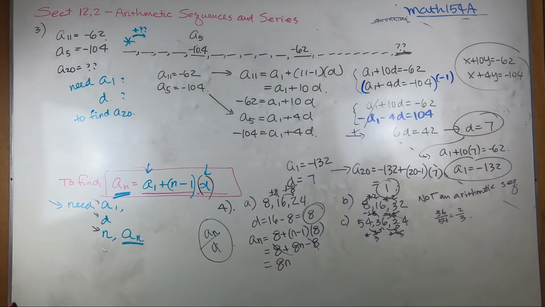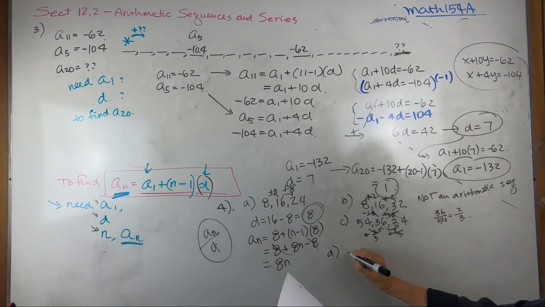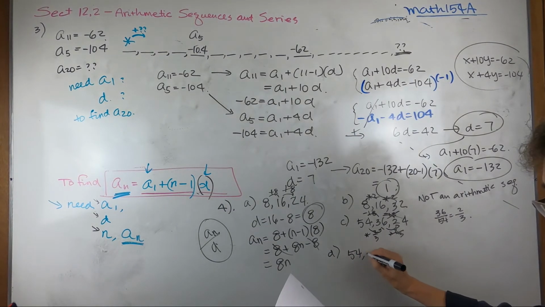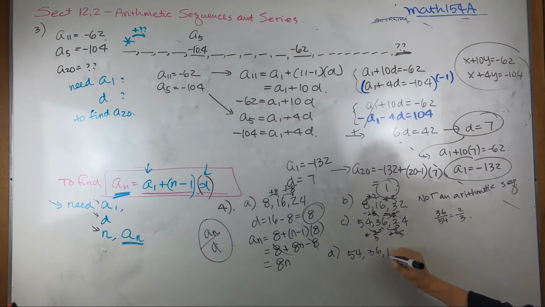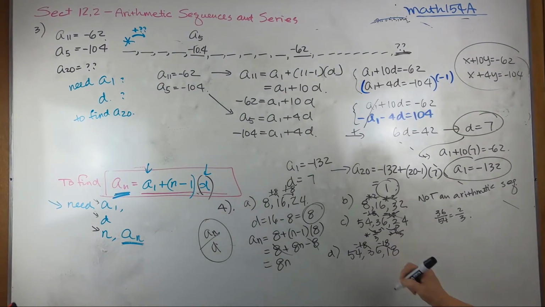It's not subtracting, so we do it next time. For this one, we just do adding things. For the next one, if we have 54, 36, 18, do we have an arithmetic sequence? Let's see, minus 18, minus 18, yes.